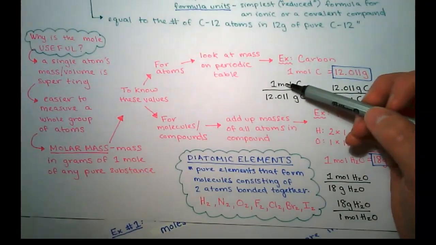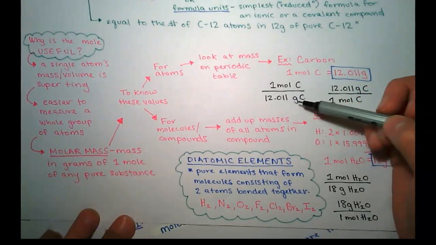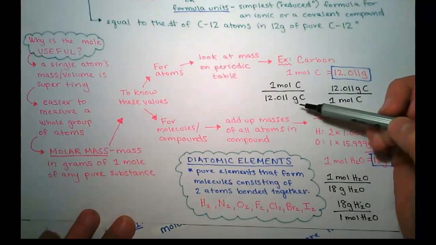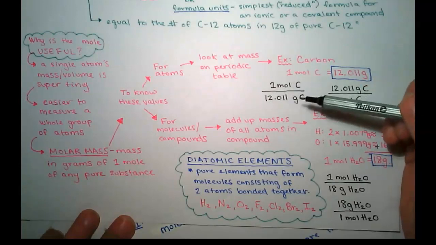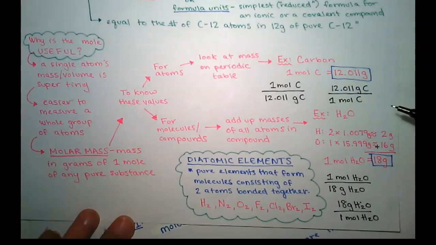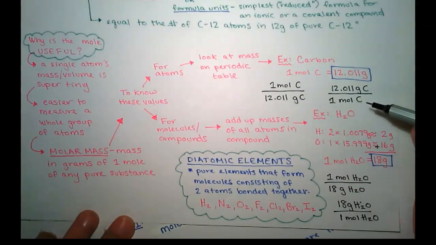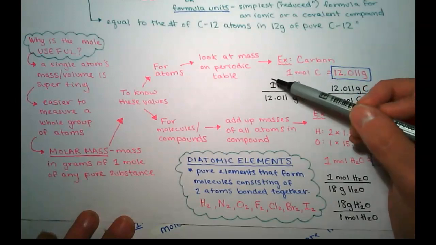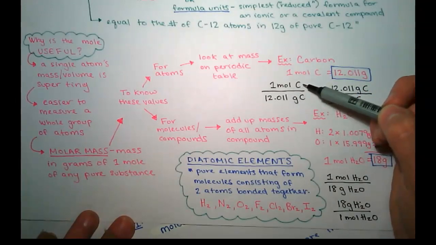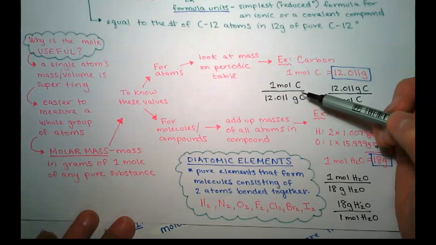If we said that 1 mole of carbon is equal to 12 grams, that's not necessarily true. 12 grams of what? 1 mole of carbon is not equal to 12 grams of oxygen. So we have to identify what substance we are talking about. So we always need to check that we have a number, a unit, and a substance on all of our values when we are making mole conversions.